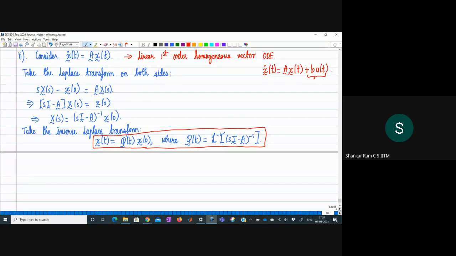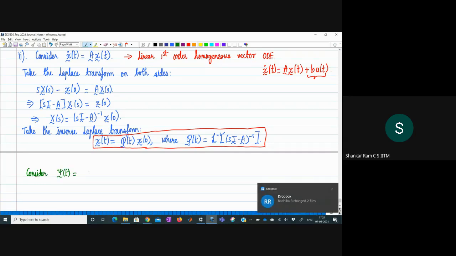In order to evaluate this phi t, we are going to consider what is called a matrix exponential. Let us consider some function psi t equal to e power A t.